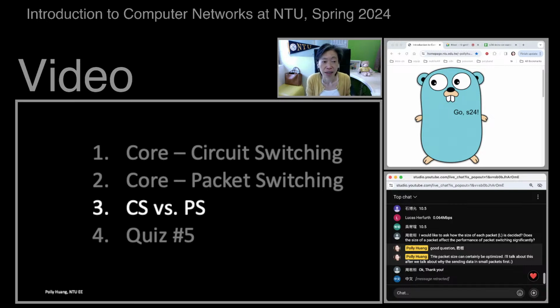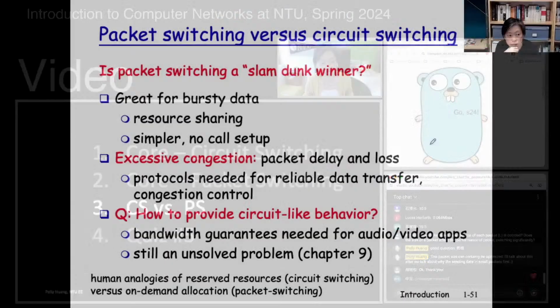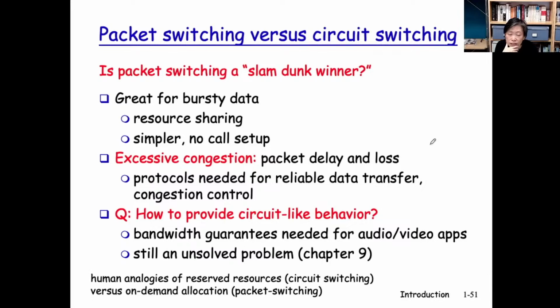Now, last video comparing circuit switching and packet switching. Now you know none of these is a slam dunk, good or bad, one way or the other. After the discussion trying to solve the quiz, what do you think?